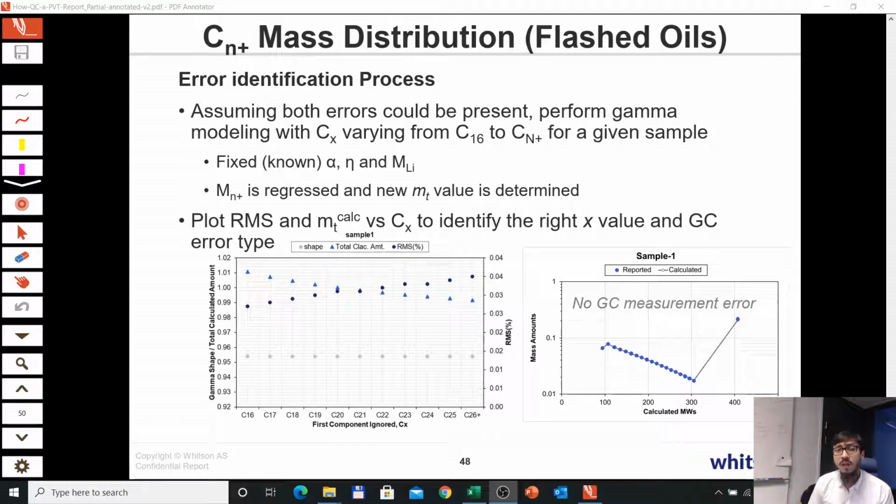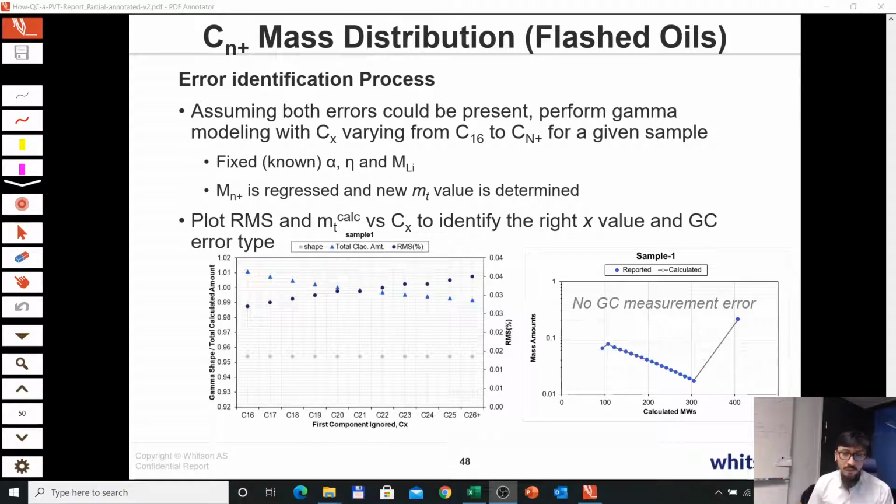One is doing the QC of the lab calculated data, which we emphasized a lot in the last lesson, the recombination QC and the mass to mole conversion QC. That's all relevant to the QC of the lab calculated data. But now what we are discussing is how to quality check the measured data, which are flashed oil compositions.